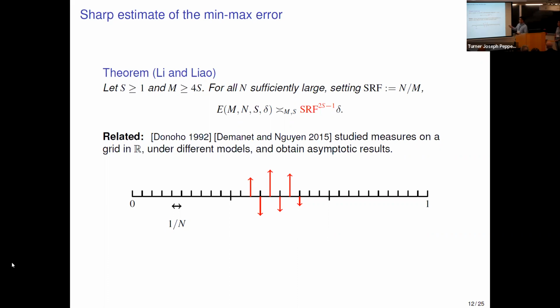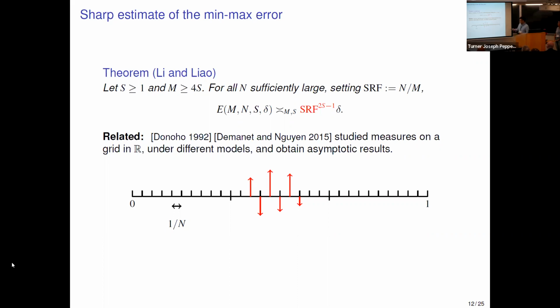It has to be inversely proportional to this huge number here, okay? And this is for the min-max error, which lower bounds any possible algorithm. So when we look at a result like this, it says that maybe super resolution is impossible, but we're going to argue otherwise.